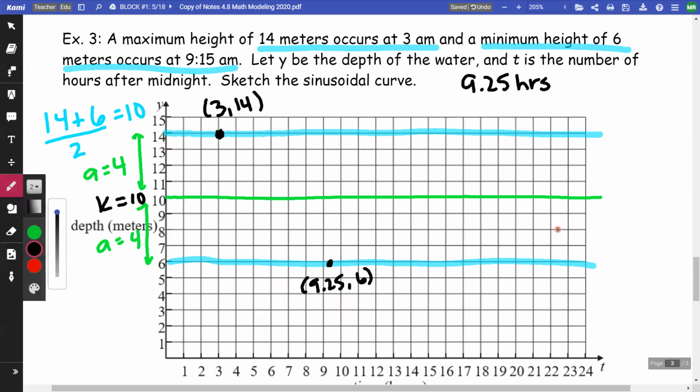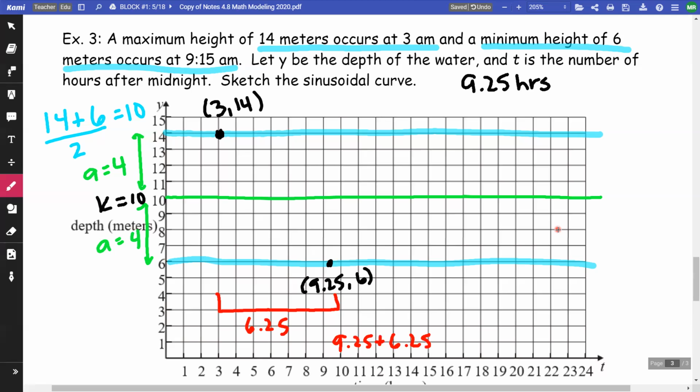I don't know what my period is, but I do know that going from here to here would be half of my period. From 3 to 9.25 is 6.25, so I'm going to go another 6.25. I take 9.25 plus 6.25, which is 15.5, and that's where I'm going to end.